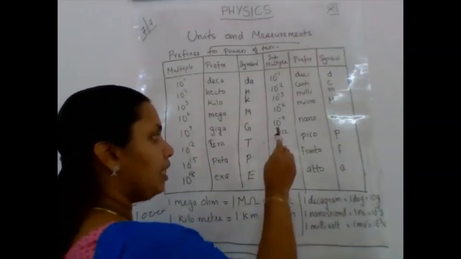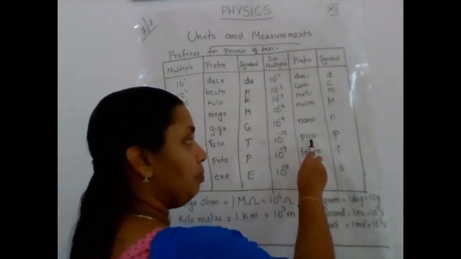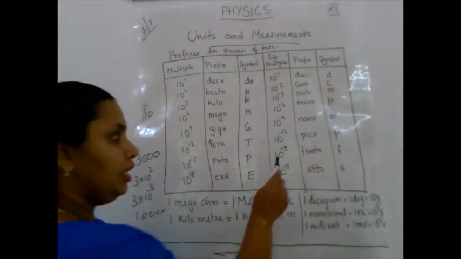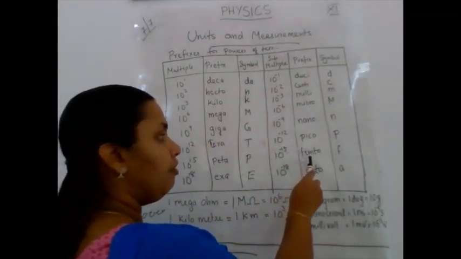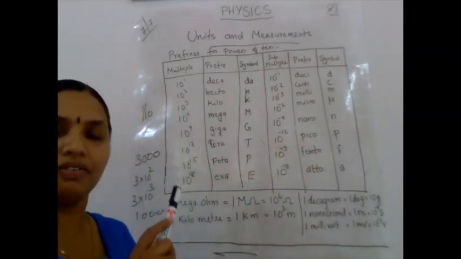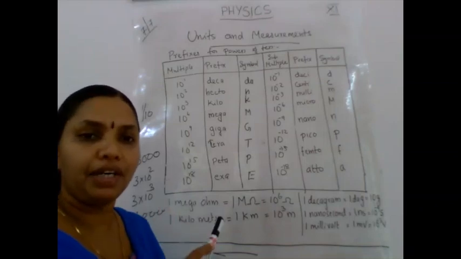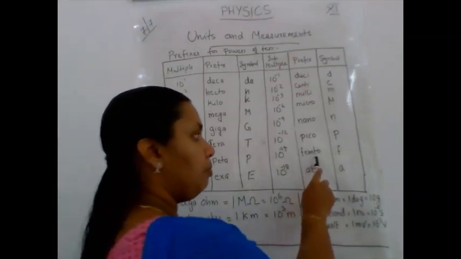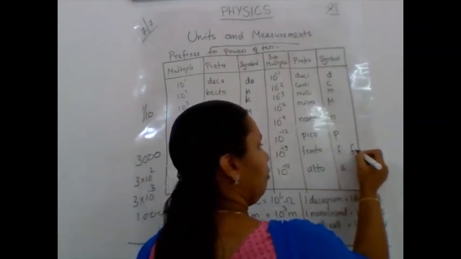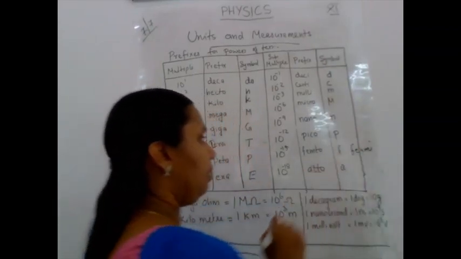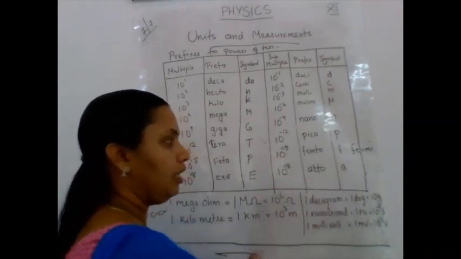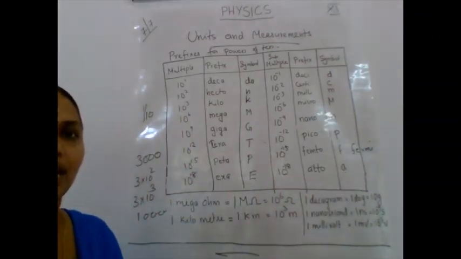The next one is 10 raised to minus 12, it is pico, small p. 10 raised to minus 15, femto, f. That is our Fermi, isn't it? The size of the atom is in the order of 10 raised to minus 15. That is femtometer, and it is also known as Fermi. Then 10 raised to minus 18 is atto, and it is small letter a.